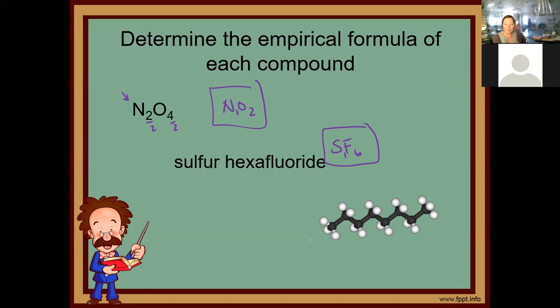How about this guy? So each of the black atoms is a carbon, and each of the white atoms is a hydrogen. So what is going to be the empirical formula of this guy?